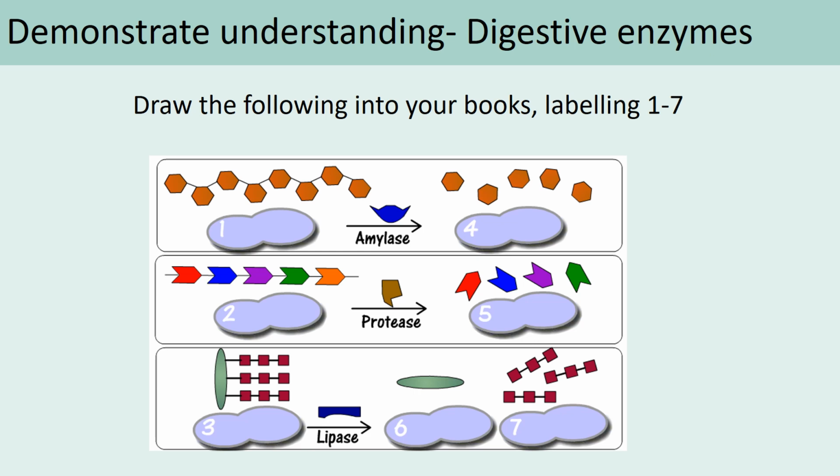Number 2, the name of the molecule is a protein, which is broken down by protease. It's broken down into amino acids for number 5. Number 3, we've got a lipid that's broken down by lipase, and it's broken down into fatty acids for number 7 and glycerol for number 6.